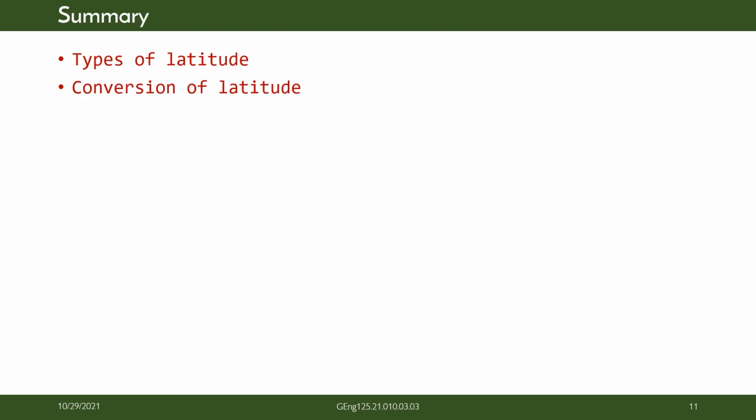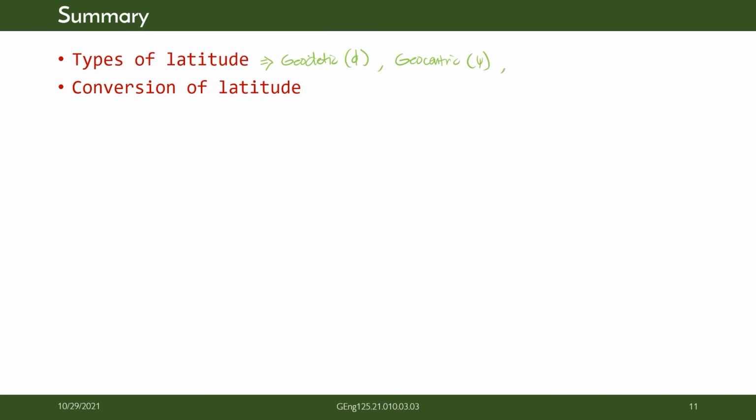So, to review, we already discussed the different types of latitudes. First we have the geodetic, represented by phi. Next, we have the geocentric, that is psi.